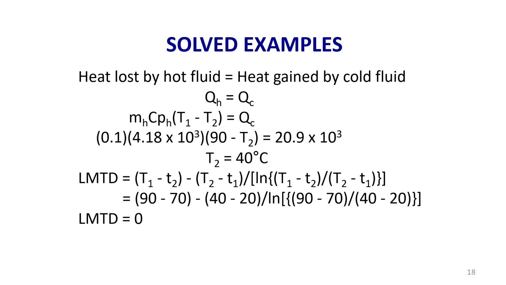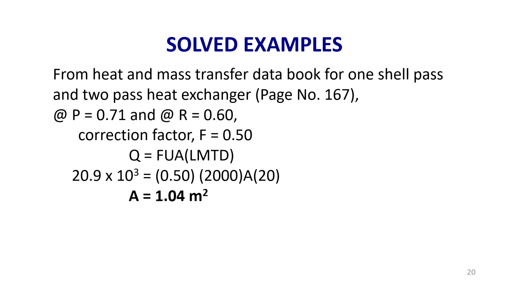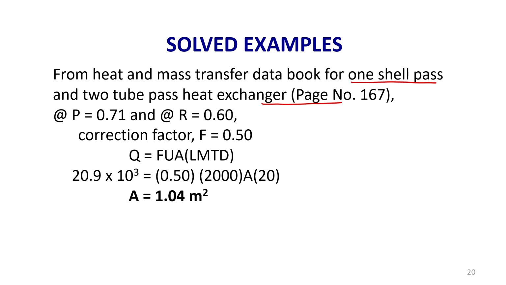I have written here, from the heat and mass transfer data book, page number 167, for 1 shell pass and 2 tube passes. That means in the shell there is 1 pass and in the tube there are 2 passes.